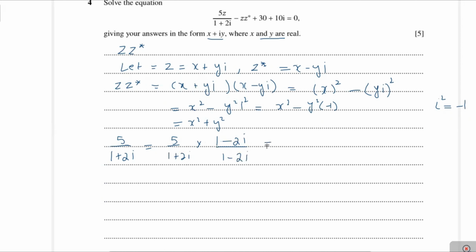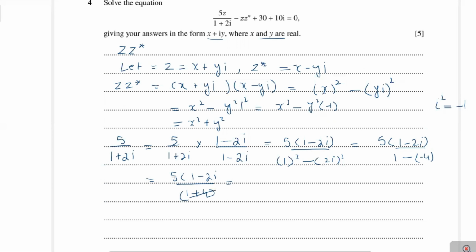You see here we get 5 into 1 minus 2i over 1 square minus 2i square. Therefore, that value will be equal to 5 into 1 minus 2i over 1 minus 4, since 2i square is minus 4. Therefore, we can write it as 5 into 1 minus 2i over 1 plus 4. That's equal to 5. Now 5 will be cancelled. Now we get 1 minus 2i.